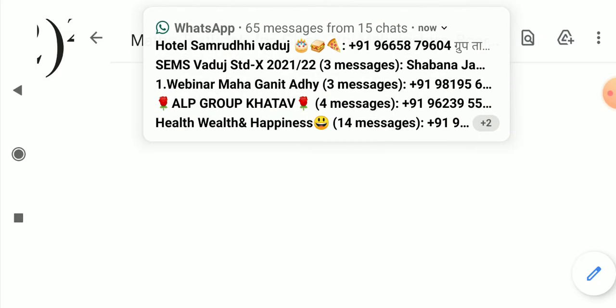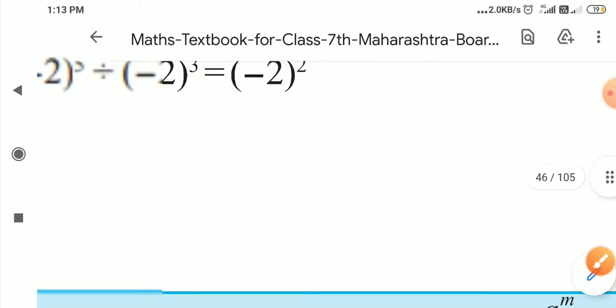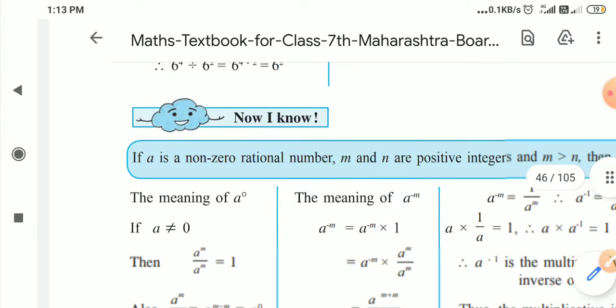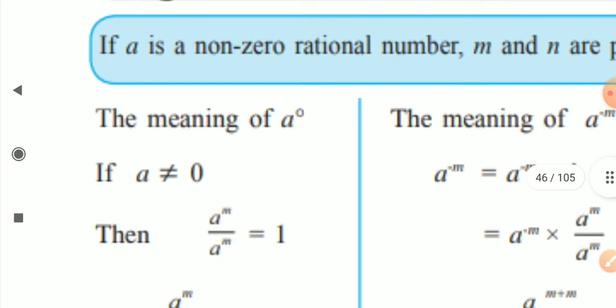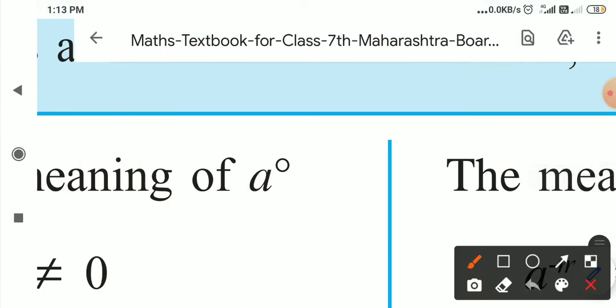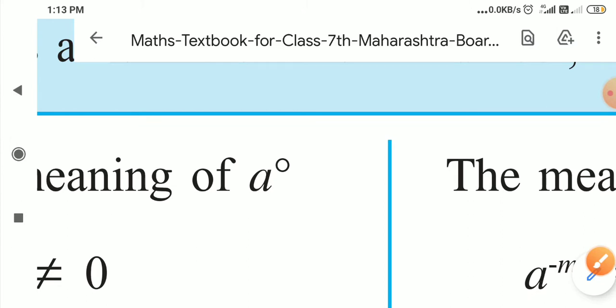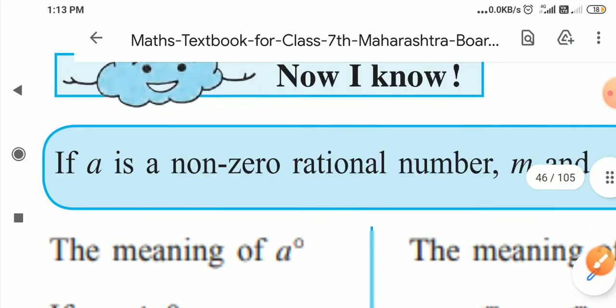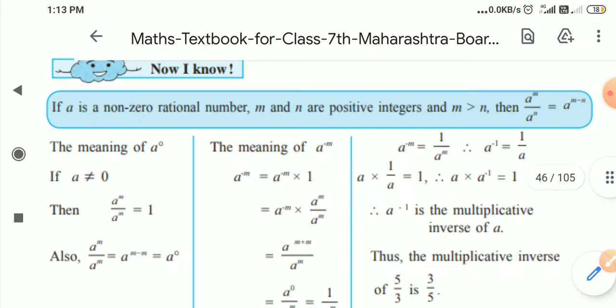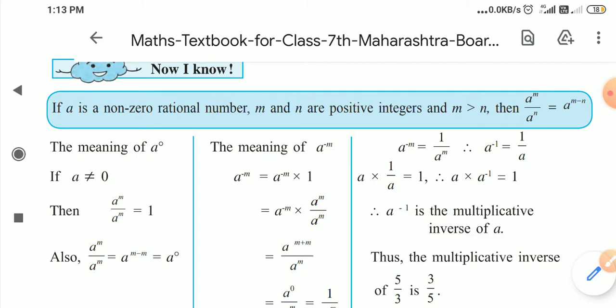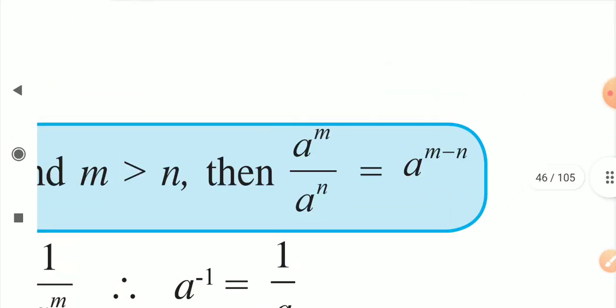Now after solving this, we have to discuss the rule. If A is a non-zero number, okay, what is the condition? A is a non-zero number. Here A means the base of the number, and M and N are positive integers, and M is greater than N. Then its answer is, if M is greater than N, M's value is always greater.